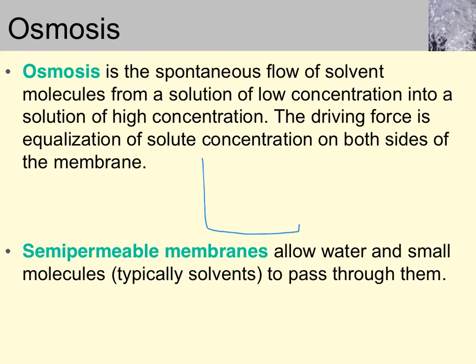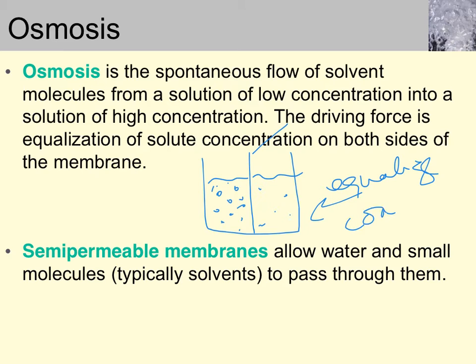Basically, if you have two solutions that are in contact with one another through some type of filter or membrane, and one of the solutions is very concentrated, so these represent a lot of solute molecules, and the solution next to it that it's in contact with through a membrane is quite dilute, okay? What's going to happen is these two are going to try to equalize their concentrations, okay? So that means that this side needs to become less concentrated, and the less concentrated side needs to become more concentrated.